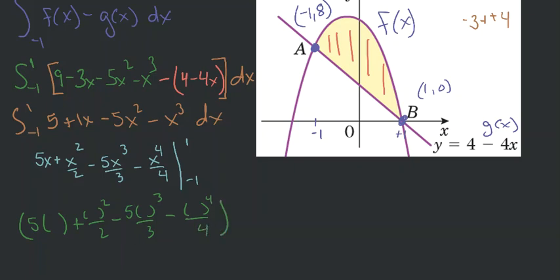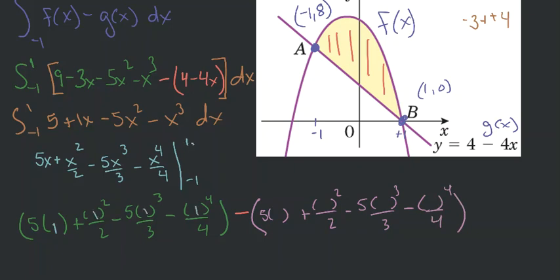All of that expression minus some other expression, which is going to be 5 times something plus something squared over 2 minus 5 times something to the third over 3 minus something to the fourth over 4. Now when we come back, we are going to plug in our 1, our 1, our 1, and our 1. That's from here. And over here we're going to plug in negative 1, negative 1, negative 1, and negative 1.